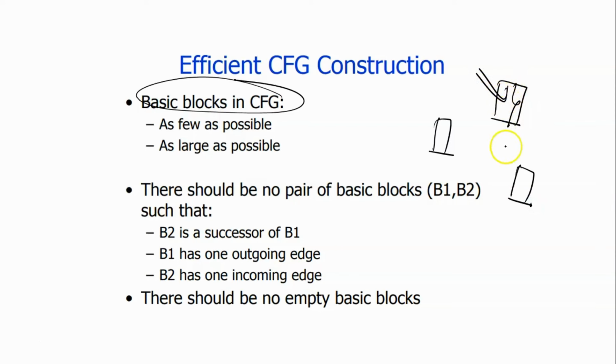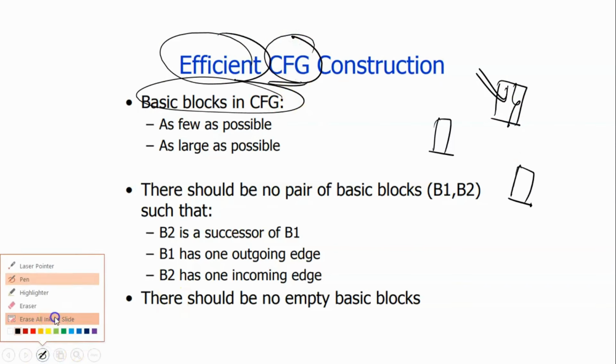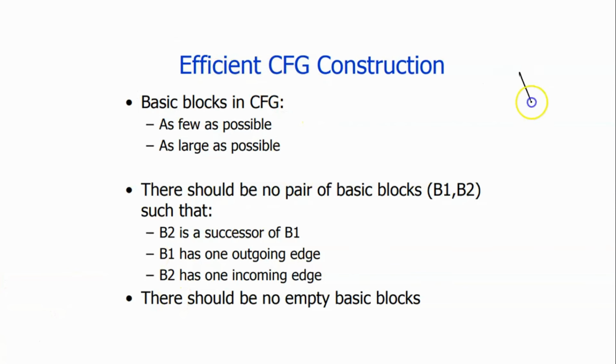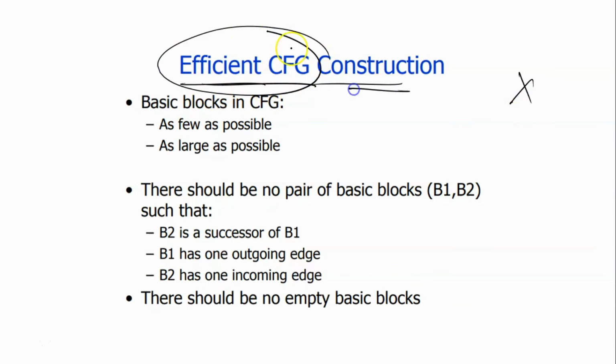This is the idea for efficient CFG construction. So far whatever we have seen was inefficient, so you can just forget that. Just remember this efficient CFG construction, which says that the number of basic blocks should be as few as possible and each basic block should be as large as possible.